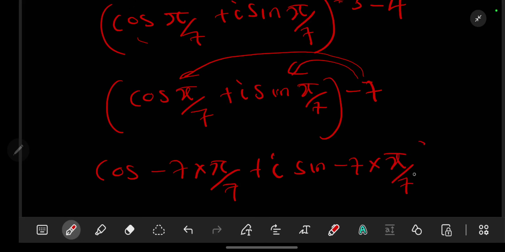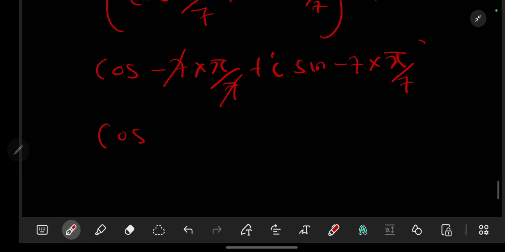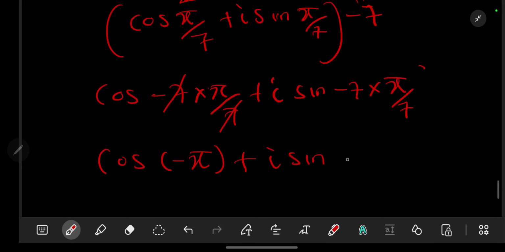Negative 7 by 7 will cancel, so we have cos of negative pi plus i sine of negative pi.